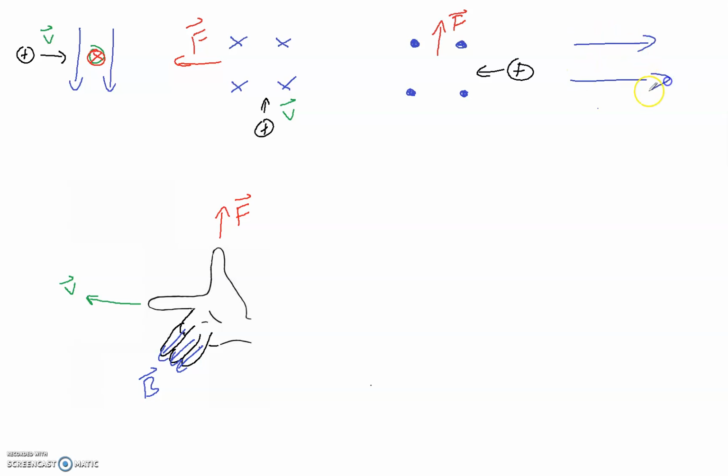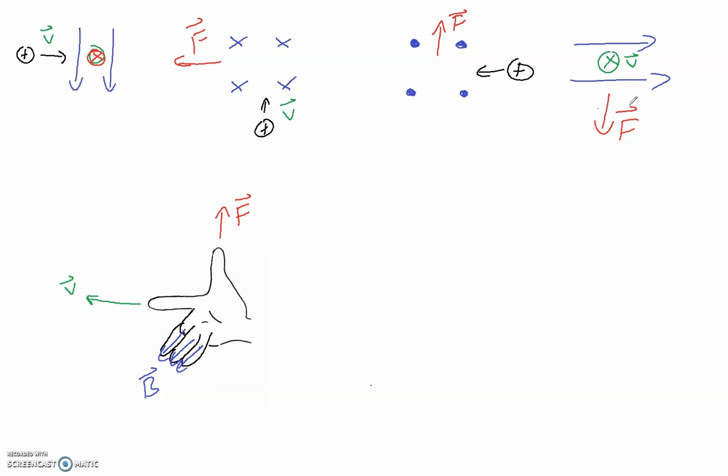And let's say my charge is actually going away from me. So there's my velocity vector. Any vector can use dots and X's, so my velocity is going away from me. So right there, my gun is pointing into my screen because that's where my charge is going. My 3 field fingers are pointing to the right, and that means my thumb is pointing straight down, so that's the way the force would go.